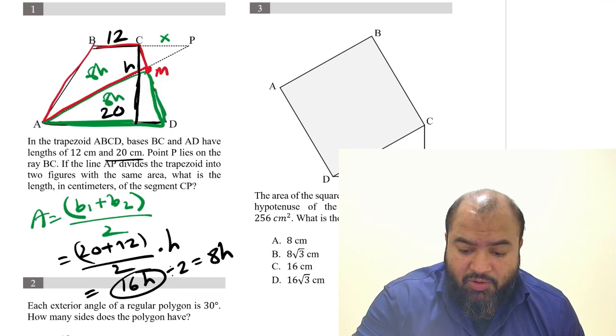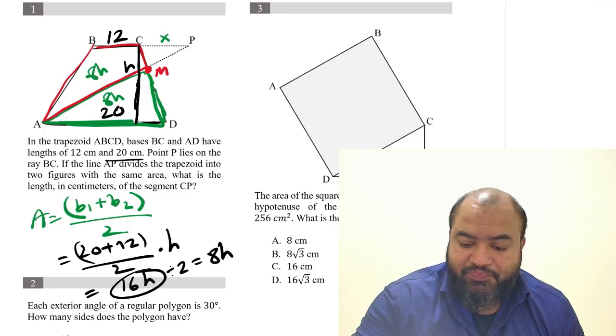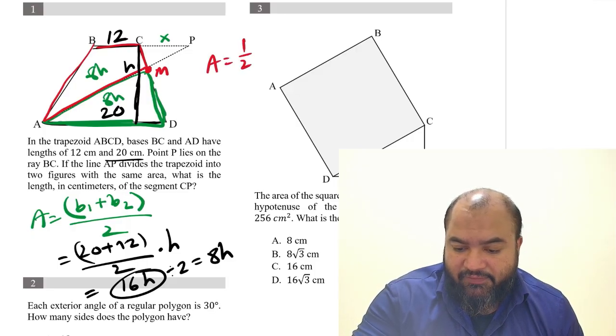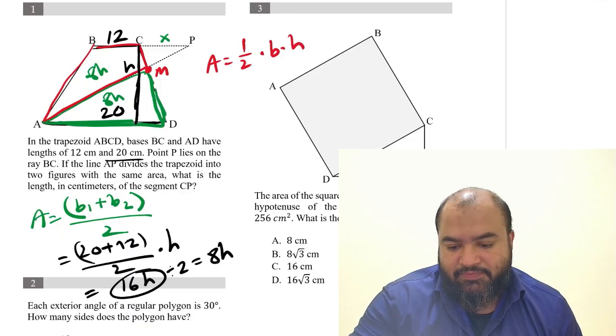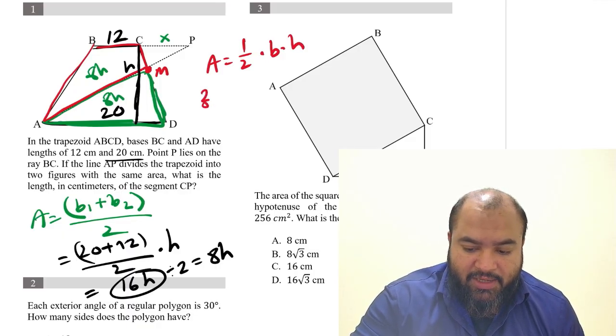Now, what we know about a triangle, the height of the triangle we don't know, but we know that the area of the triangle is equal to half base times the height, right? Now here we know the area is 8H, half the base is 20 of this triangle, and the height we don't know.